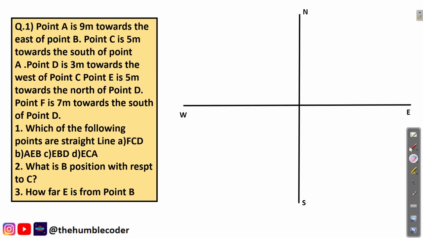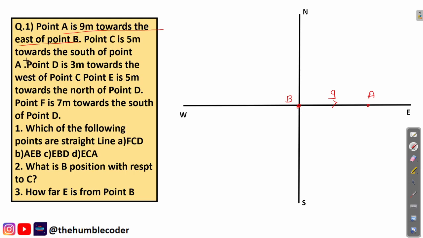Let me consider that point A is here, point B is here, and the distance between them is 9 meters. We have drawn this line.